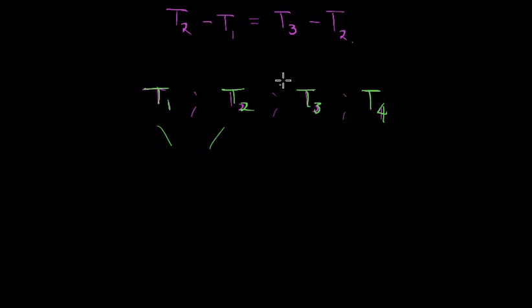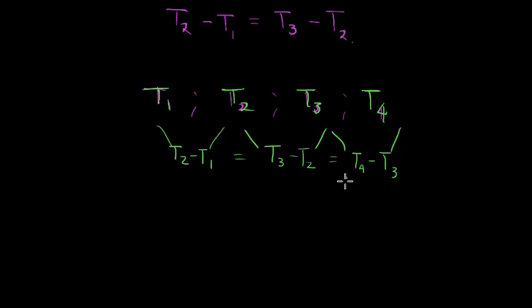Now if I find the constant difference, the first difference is term 2 minus term 1. This one is term 3 minus term 2, and this one is term 4 minus term 3. Now these aren't equal, and that's what people kept doing in that equation.